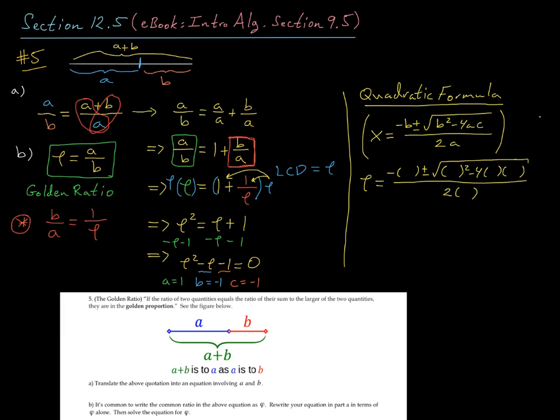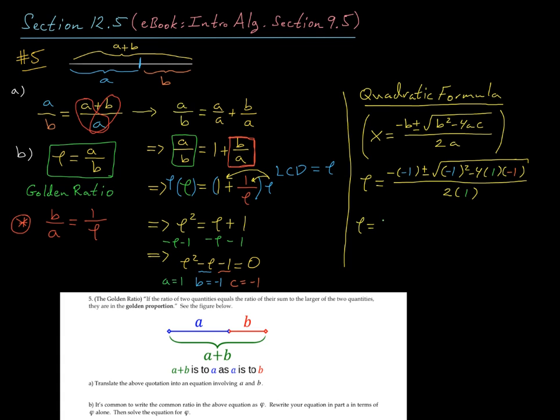So I'll fill in. Again, we're taking the opposite of b, and then I have a b squared right there. My a here is 1, and that goes there and there. And lastly, we have our c, which goes right there. Now let's simplify this a little bit.